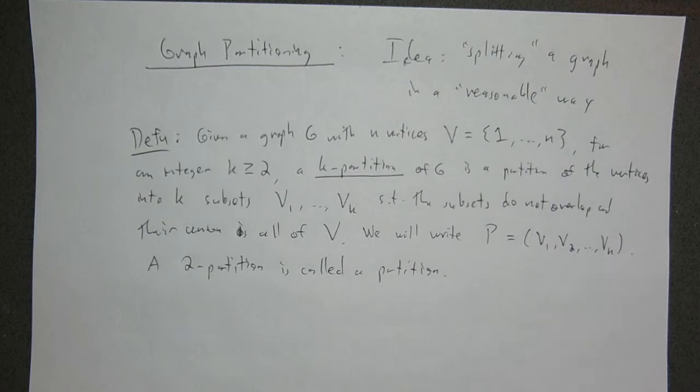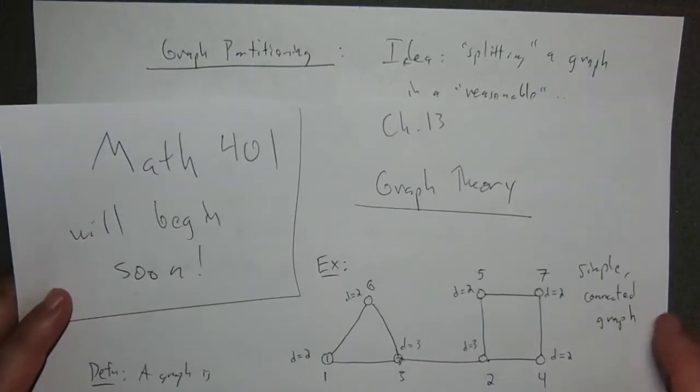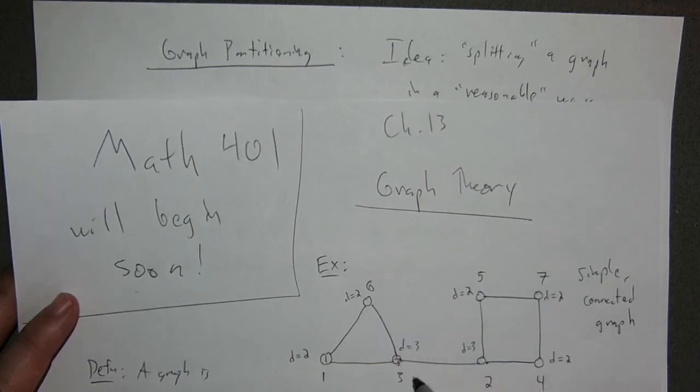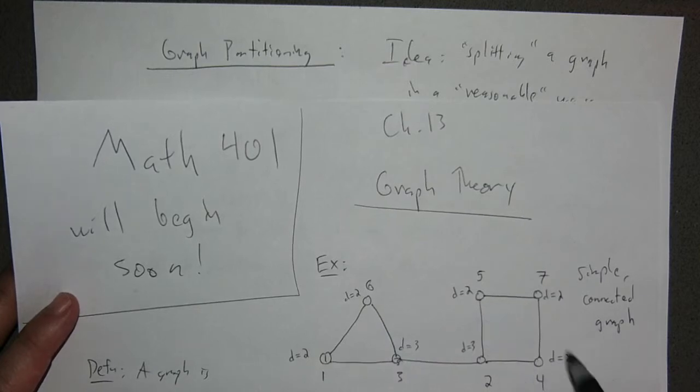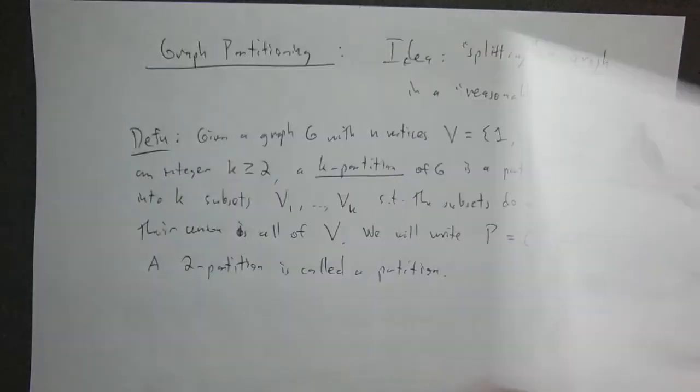Okay, so with our example brought back, if I was going to split this graph in exactly the way that I specified by considering this triangle and this square as two separate pieces, it would be vertices 1, 3, and 6 taken in one piece and 2, 4, 5, and 7 taken in the other.